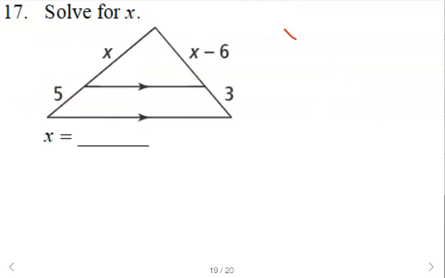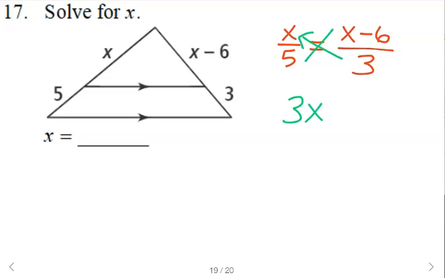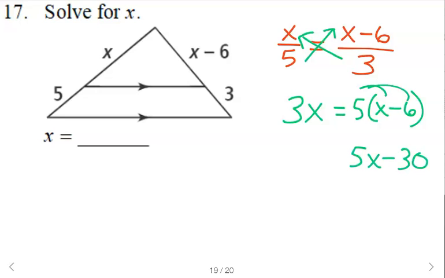All right, here we can say x is to 5 as x minus 6 is to 3. And there are several other proportions you could write. If you solve this by cross multiplying, 3 times x will be on one side. 5 times x minus 6, make sure you distribute that. You get 5x minus 30.